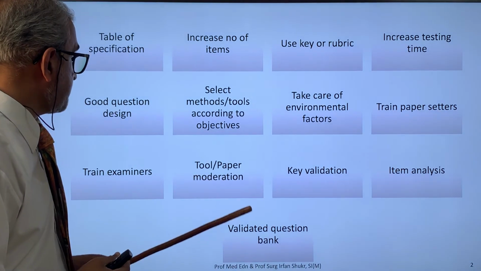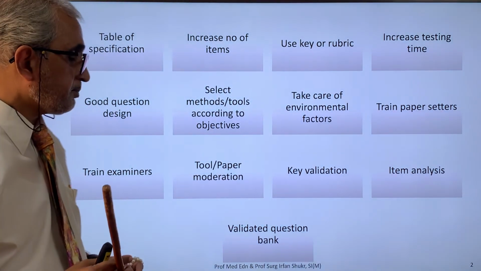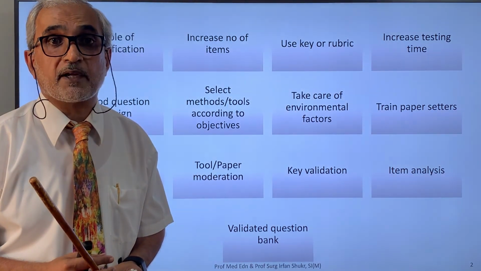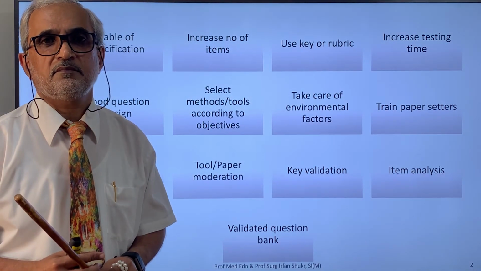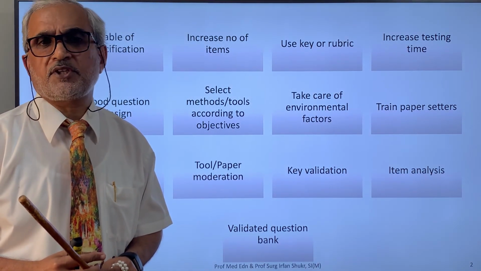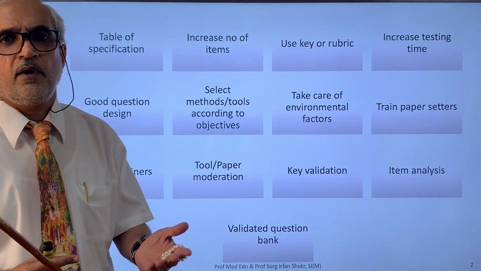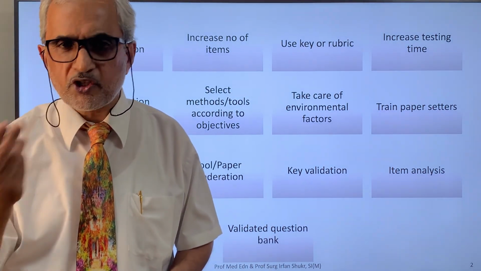Key validation is there. And once everything is done, then one should have a validated question bank, because to construct a good question or to make a pool, it takes lots and lots of time. We cannot make a good paper just like that. If somebody says make a good paper, we just go make a good paper, give it to someone else to make it, and this is how the job is being done.